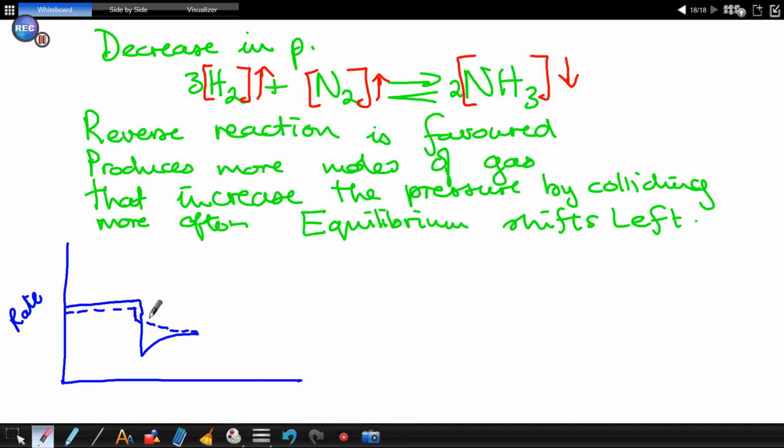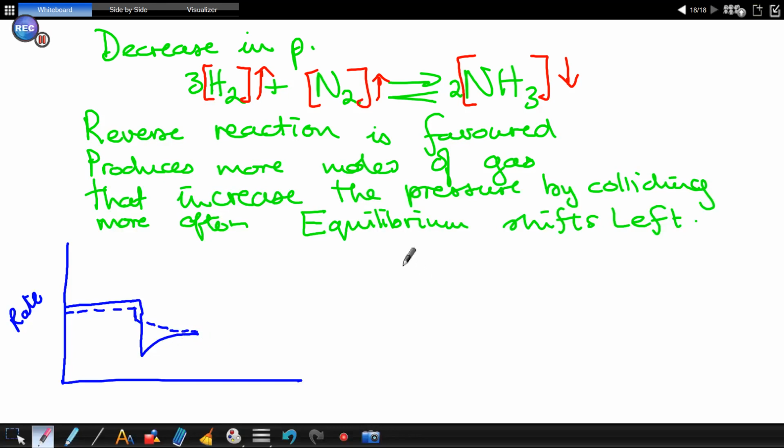To re-establish the equilibrium, the nitrogen and the hydrogen must make ammonia, so that reaction must speed up, as more hydrogen and nitrogen is formed.